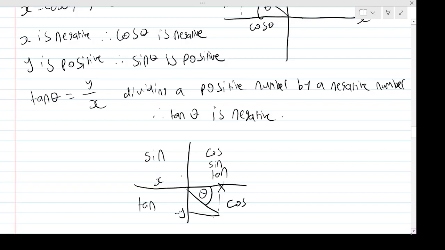Y is sine theta with this triangle. And y is negative here, so sine would be negative, and also tan would be negative because y over x, we divide a negative by a positive, that would still be negative. So only cos, if we evaluate it at an angle between 270 and 360, is positive.